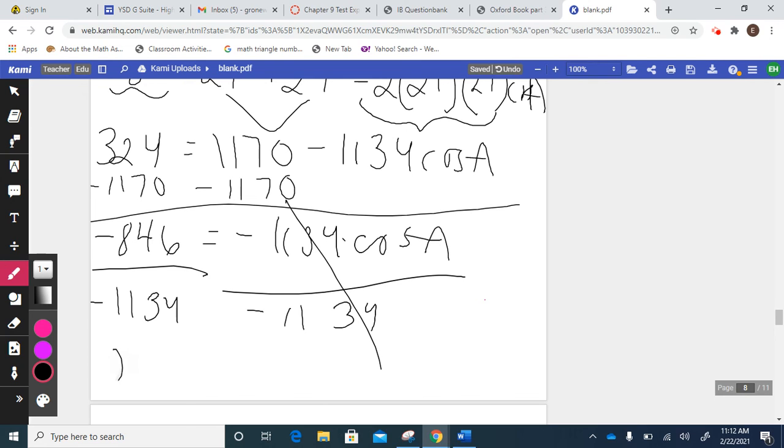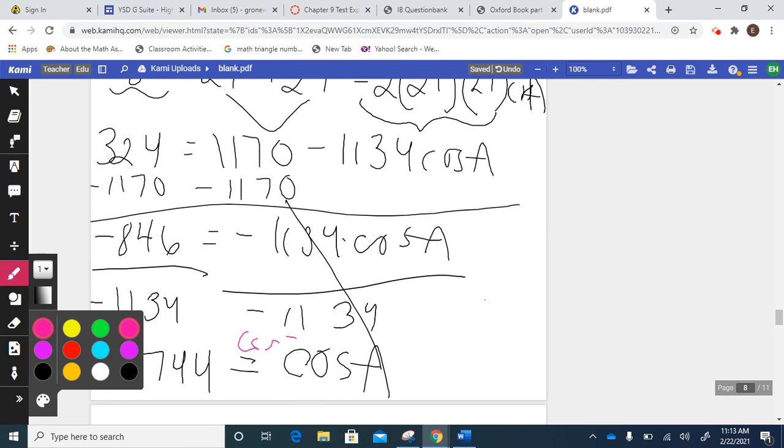Okay, we get 0.744, which looks a lot like the number that we got with our other equation. It's a little bit less rounded, I think. Cosine A equals that. Then we get to inverse both sides.